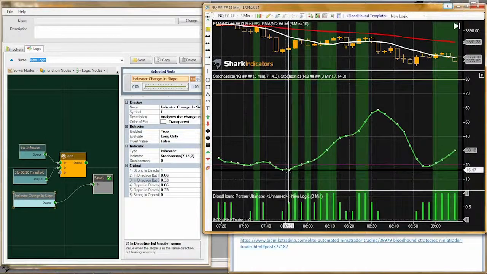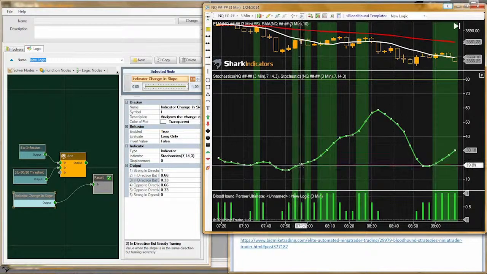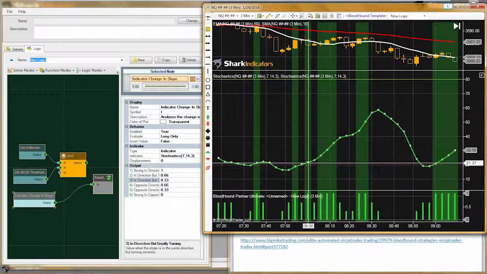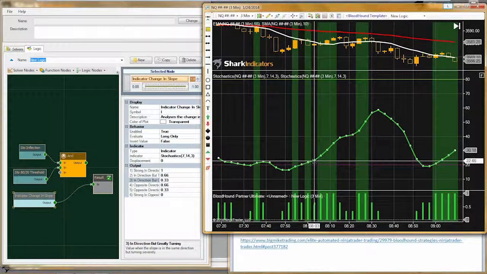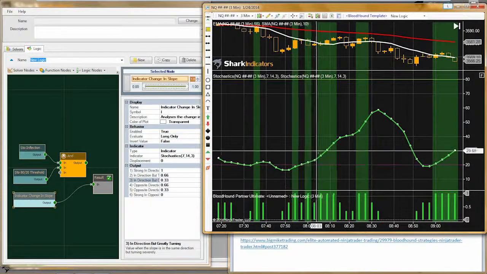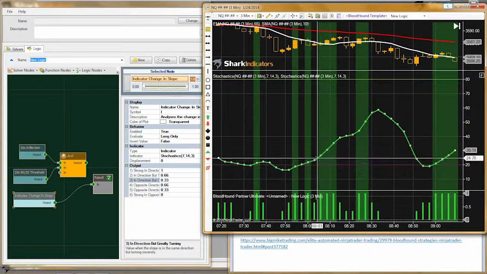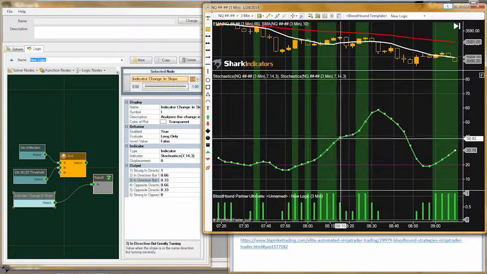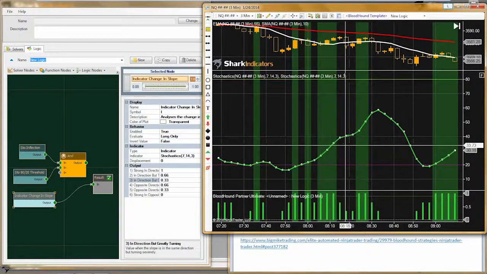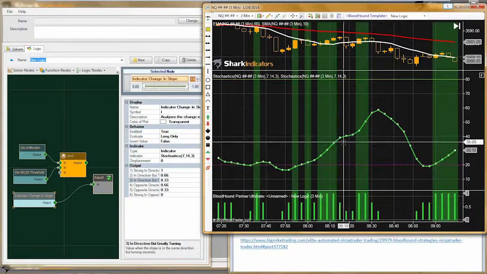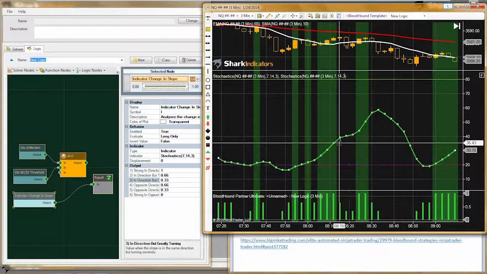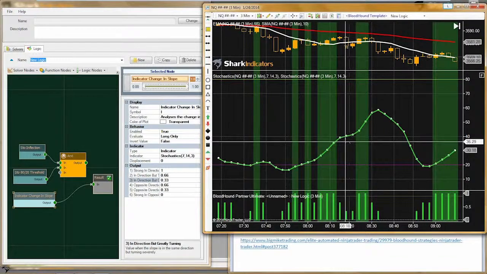So the solver is identifying when the stochastic slopes up a little bit more, and then the up angle falls off for one bar, and then it rises again quickly, and then the slope isn't quite as steep once again, and then the slope of the stochastic begins to steepen more and more, and then we can see it's still rising, but it's beginning to taper off. So the angle isn't continuing to steepen, but it's beginning to fall off.